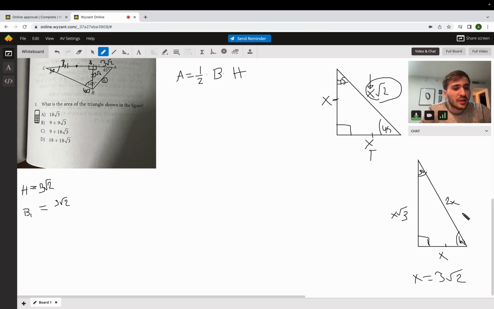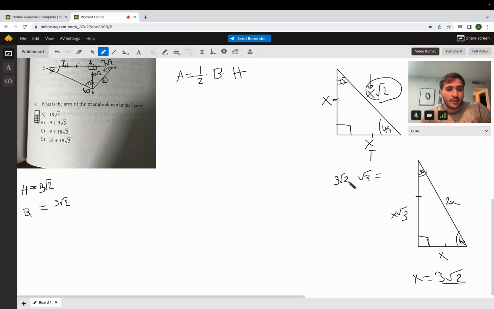So, in order to get this side right here, all we need to do is multiply the x times this radical 3. I mean, look at the ratio. It's x times radical 3. We already have x. It's this. So if we multiply this times radical 3, we can get base 2. So let's go ahead and do that. 3 radical 2 times radical 3 equals.